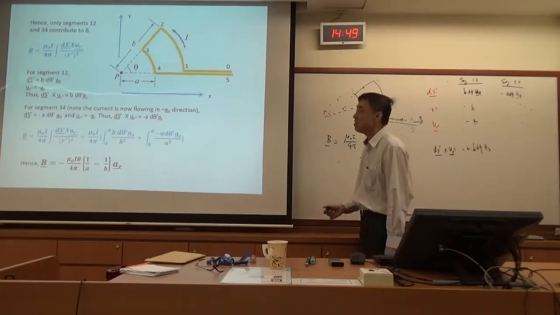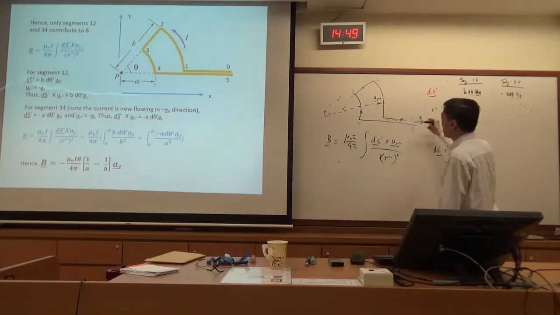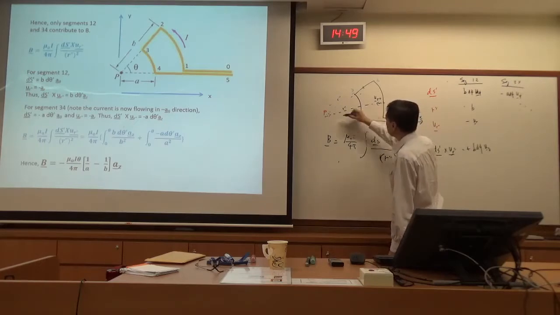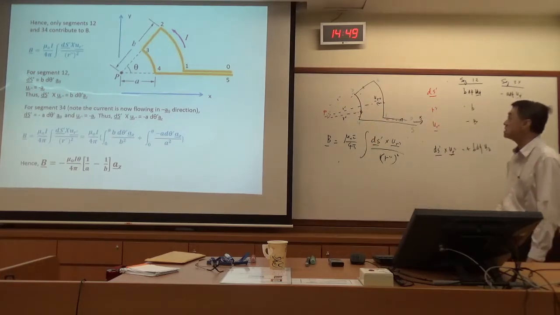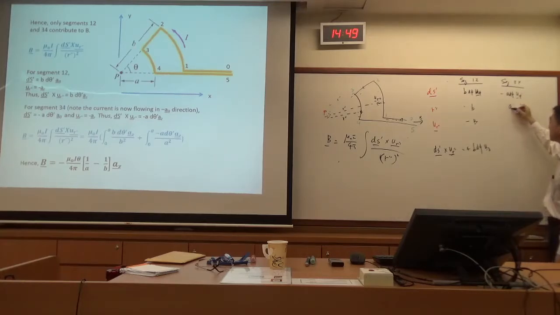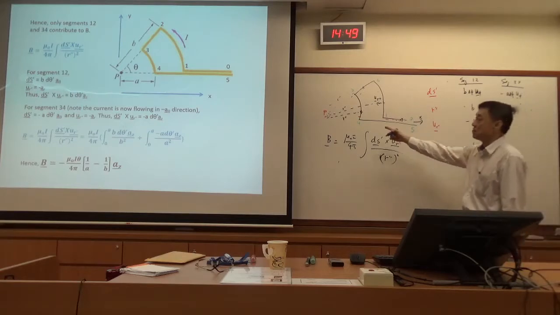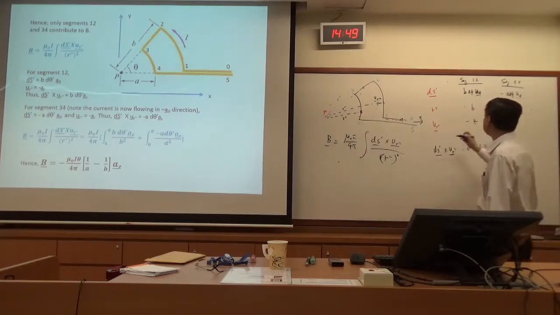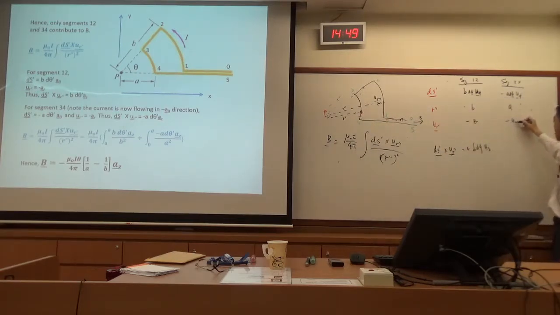Now, what is R double prime? R double prime is just equal to A. U R double prime, same thing, is equal to minus UR.